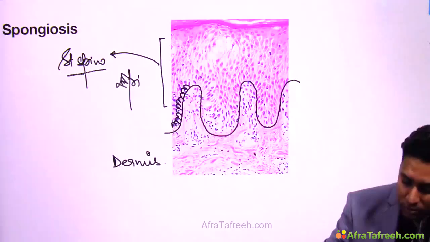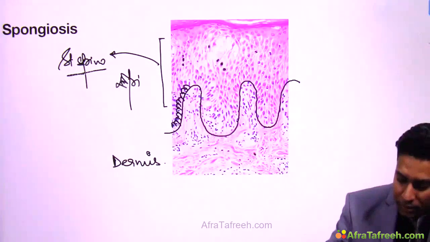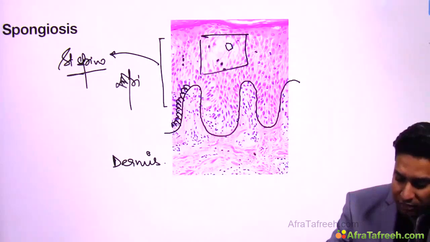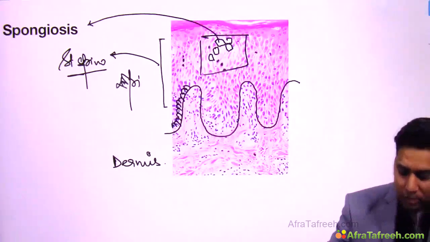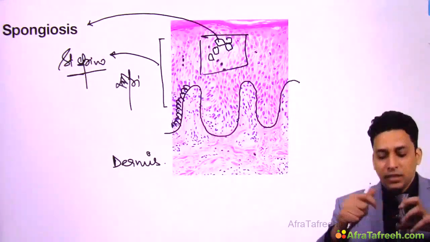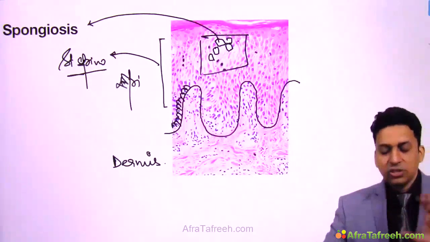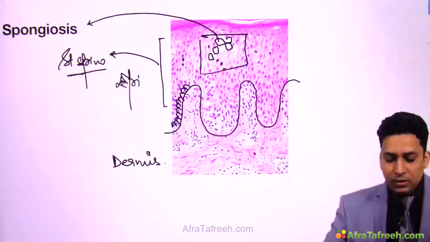In stratum spinosum, you can see the nucleus is present, and stratum spinosum is almost intact here, but in this portion you can see that it is appearing white. Why? Because this is due to collection of fluid between the cells. This is spongiosis, that is collection of fluid within stratum spinosum. So these are the histological findings which might be seen.